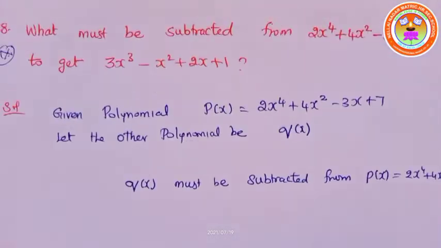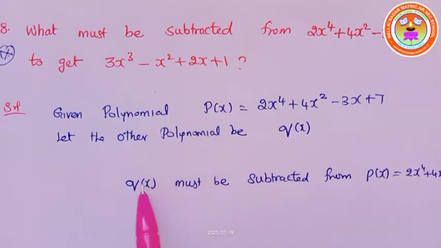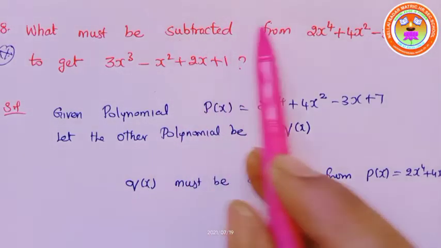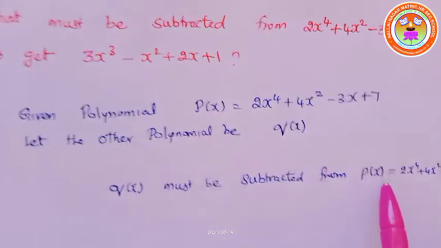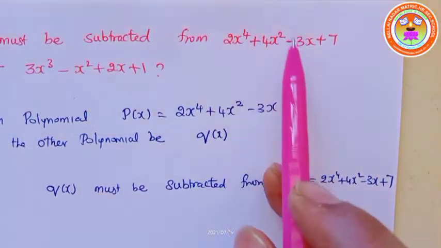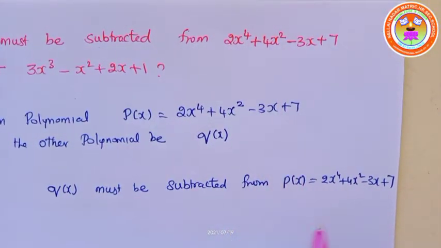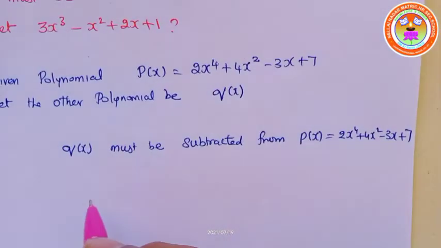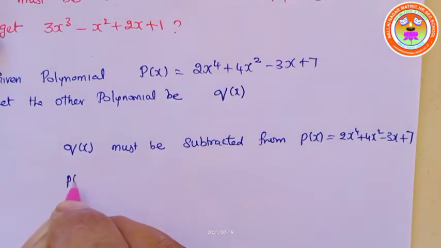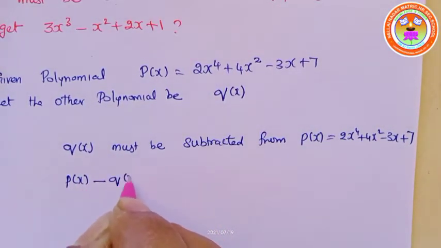Now look at the question, children. What must be? So other polynomial is q of x. So q of x must be subtracted from p of x. P of x is nothing but 2x power 4 plus 4x square minus 3x plus 7. Okay, so subtracted from means how are you going to write, children? P of x minus q of x.